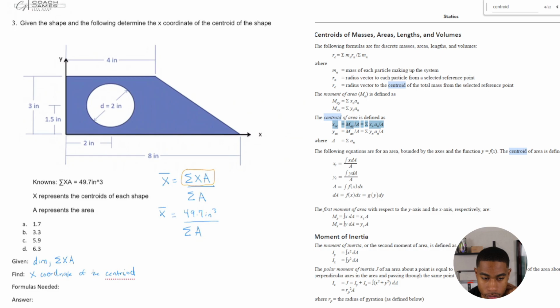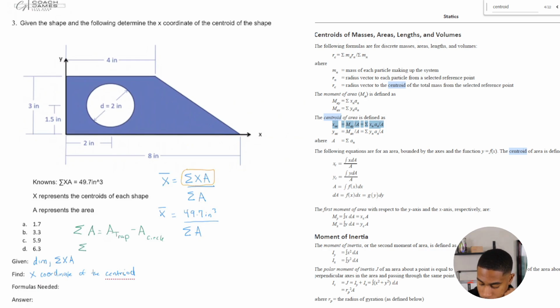So what I think we should do to get the sum of the areas is take the area of the trapezoid and then minus the area of the circle, and that should give us what we need.